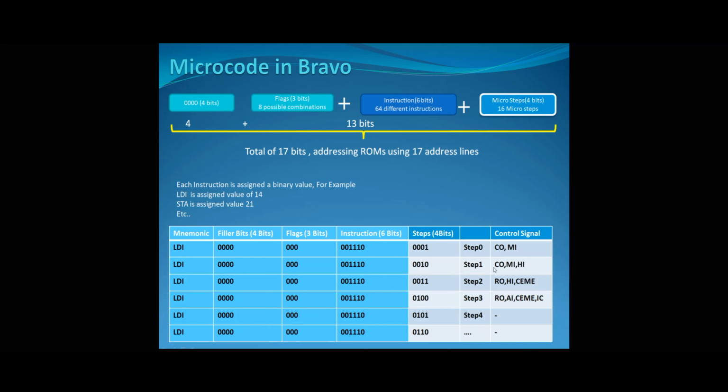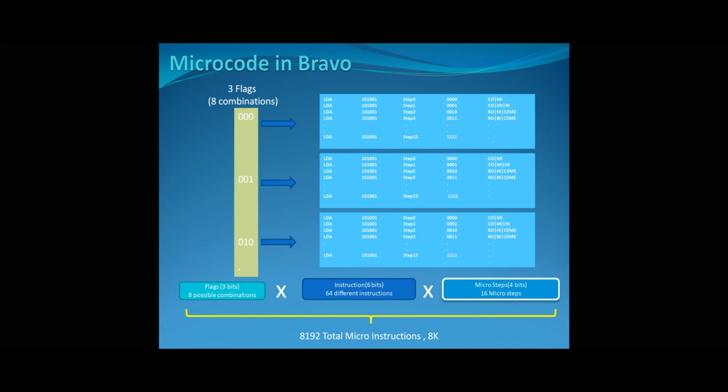Now, as the last slide, if you think about it, with all of those different combinations that we talked about, we're going to have 3 bits for flags, 6 bits for the instruction itself, and 4 bits for the micro steps.